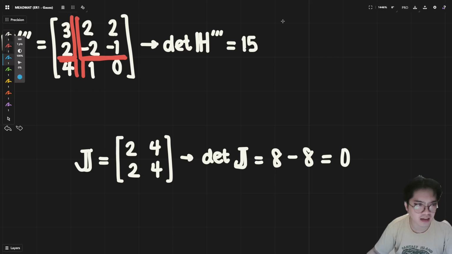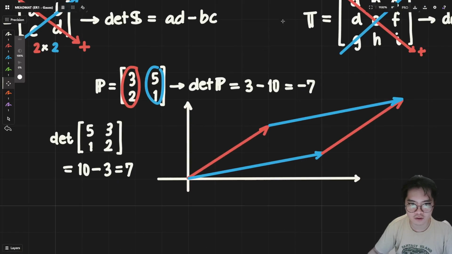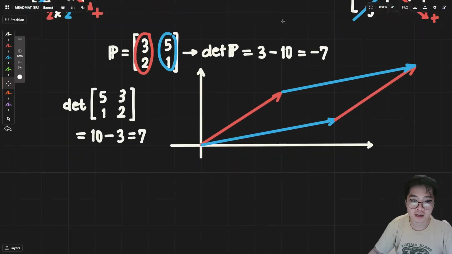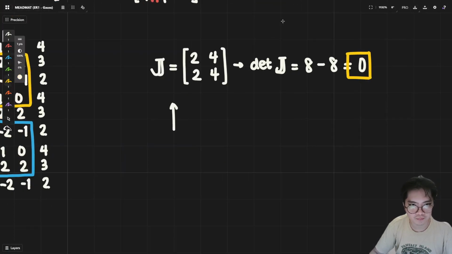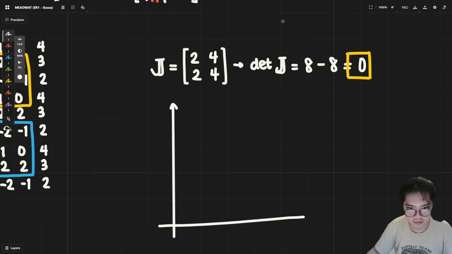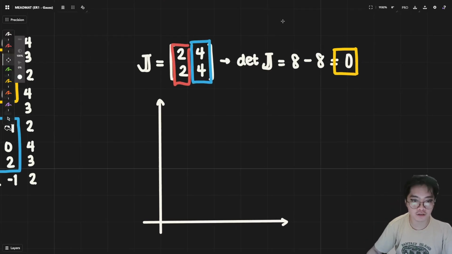If you want a visual representation of this, if we're going to draw this in the same kind of way that we've done earlier, your 2, 2 is going to be the first vector we plot, and then 4, 4 is going to be the other vector we plot.